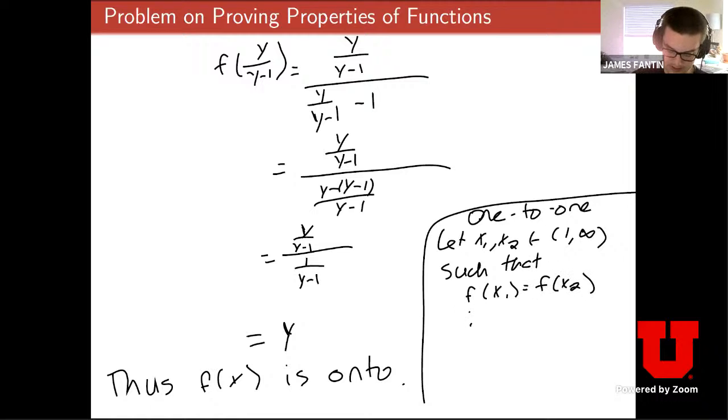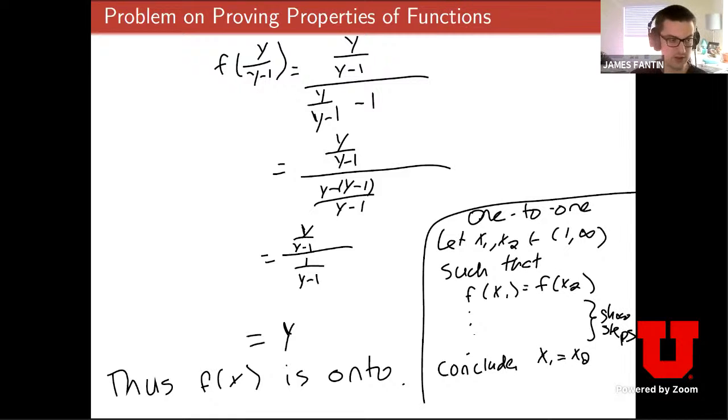And then you just need to conclude by using algebra that x1 is equal to x2. Make sure you show these steps. Some of the homework just said, oh, we have f of x1 is equal to f of x2, and then x1 is equal to x2. So we actually need to show the steps algebraically in order to conclude that. So make sure you're showing your work on the quiz on Tuesday for each of these steps.